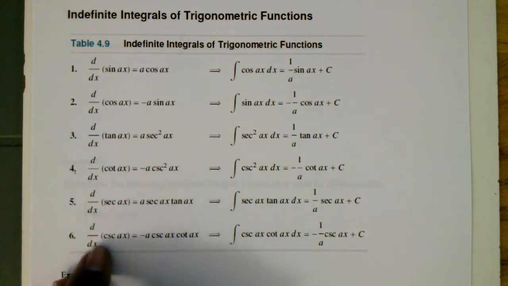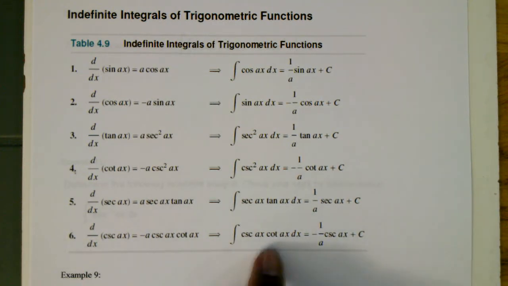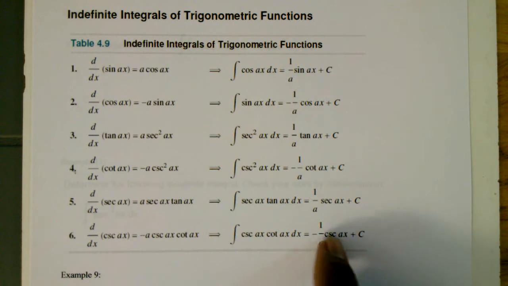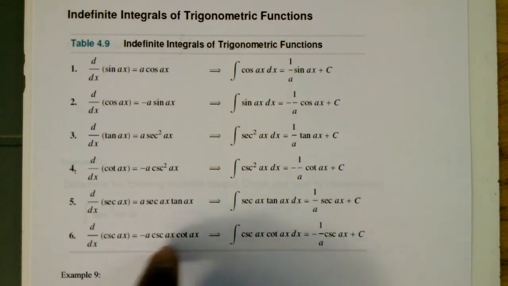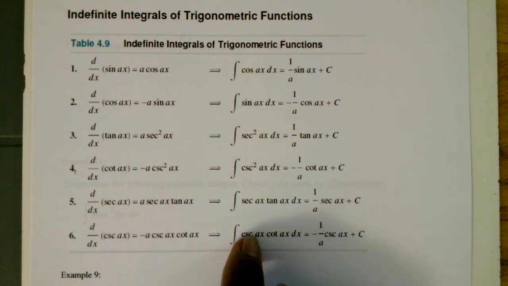And then finally, the derivative of the cosecant of ax would be equal to negative a cosecant ax cotangent ax. Its corresponding integral, cosecant ax cotangent ax dx, would have to be negative 1 over a cosecant ax plus c, because the derivative of the cosecant of ax will give you this, and then this negative will make it positive.